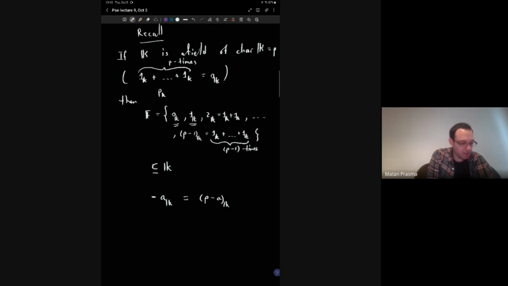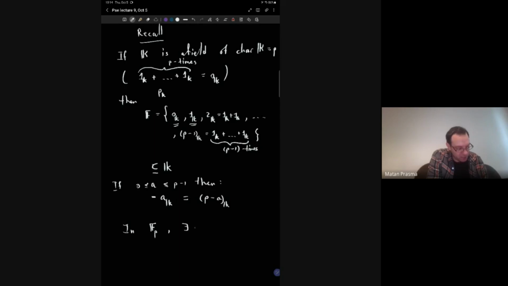So you have an additive inverse, and now, if a is a number between 0 and p minus 1, then you have an additive inverse to a sub k, but also you know that in Fp you have a multiplicative inverse for a.